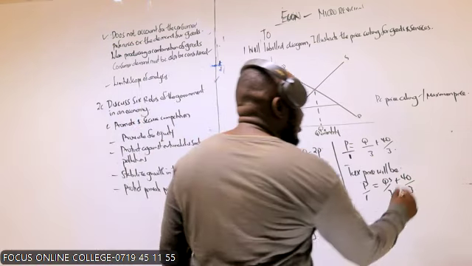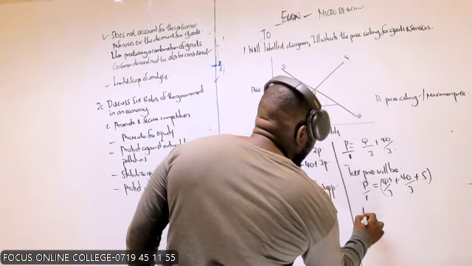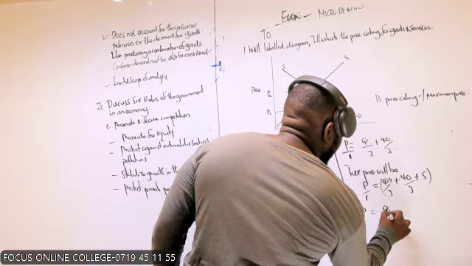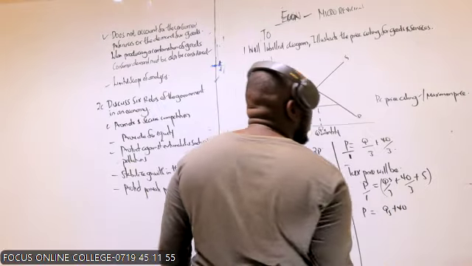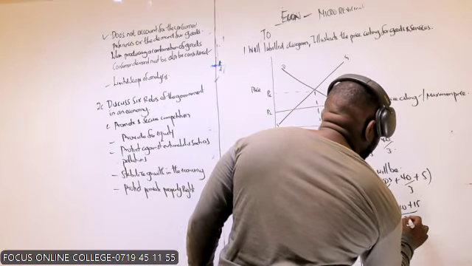So we simplify. P is going to be QS plus 40, then plus 15, over 3.